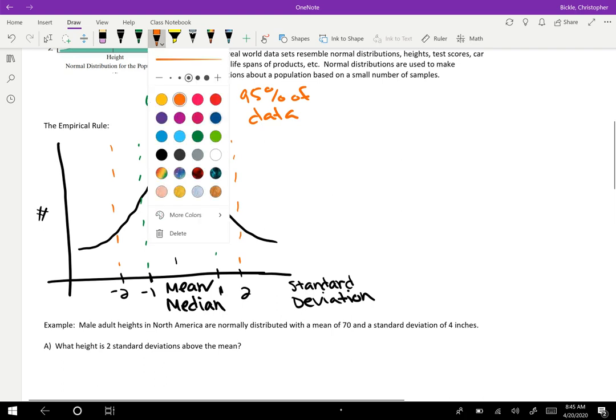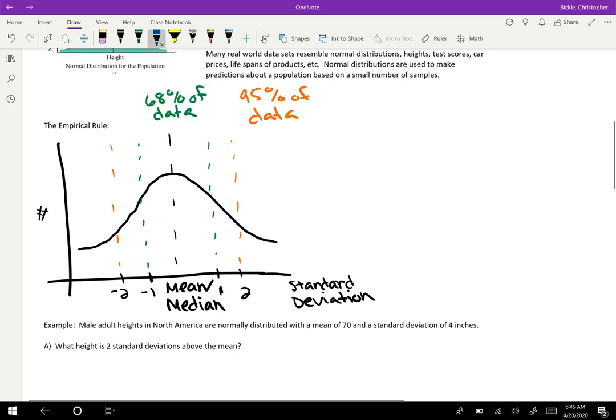And if we go to 3, I'm going to draw these lines first because I changed colors. I'll fill the 3s in on the graph. 99.7% of your data is going to be within 3 standard deviations of the mean. We'll talk about it again, what that means, but let's write that down.